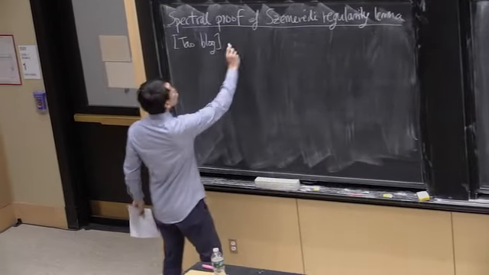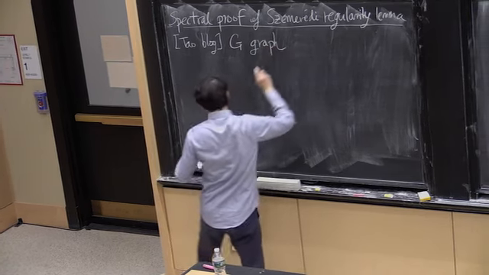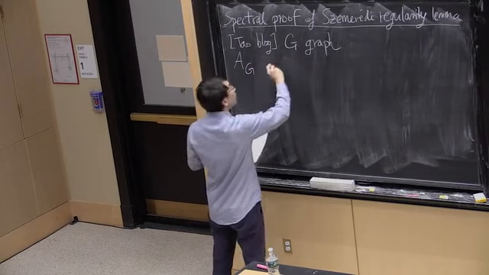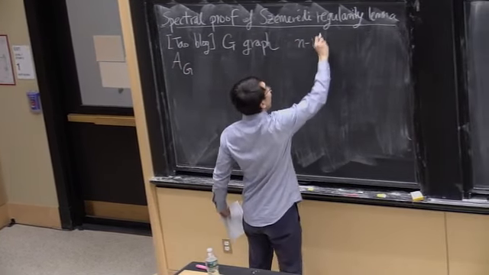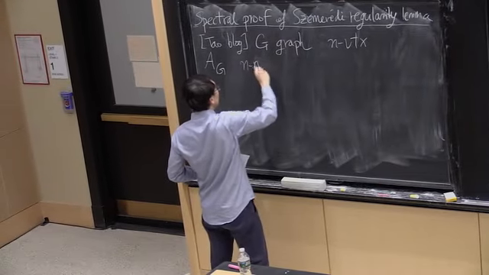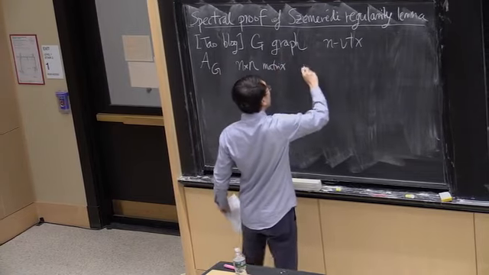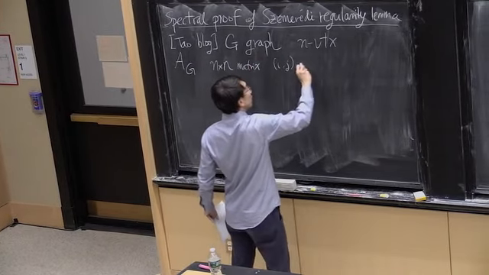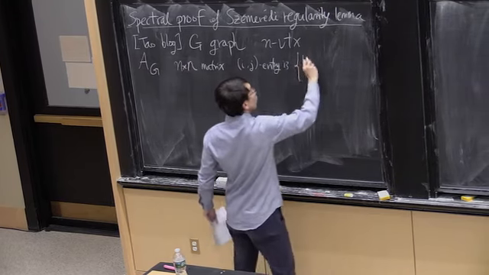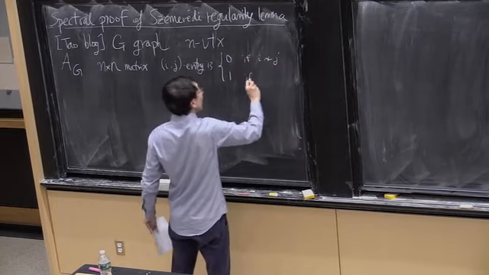Namely, if we start with a graph G, I can look at the adjacency matrix A sub G. So this is the n by n matrix, where n is the number of vertices, whose ij-th entry is 0 if i is not adjacent to j, and 1 if i is adjacent to j.